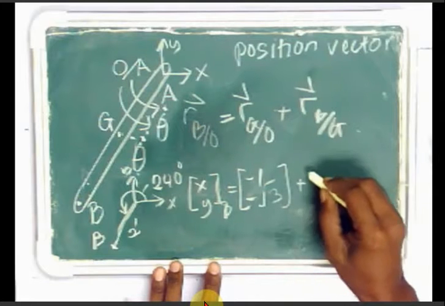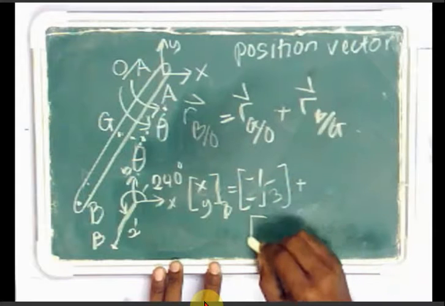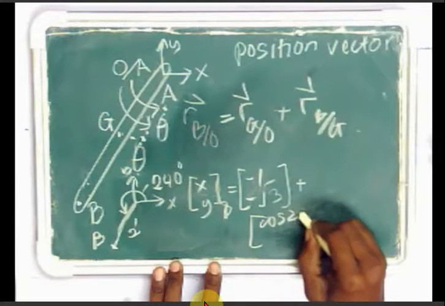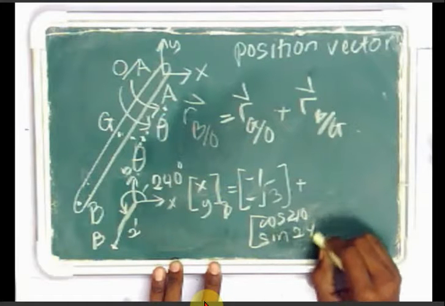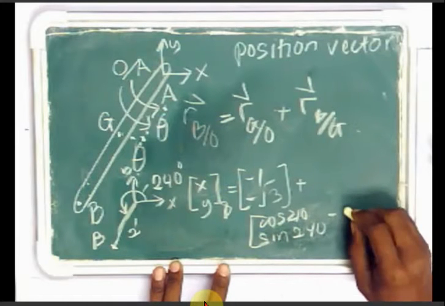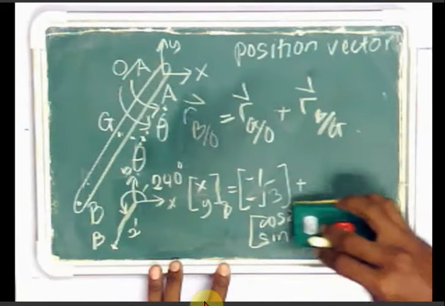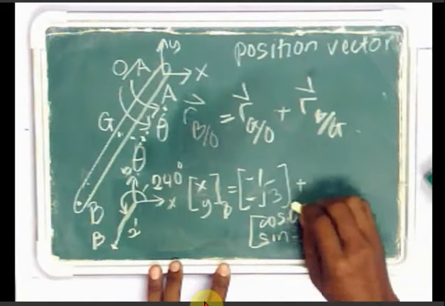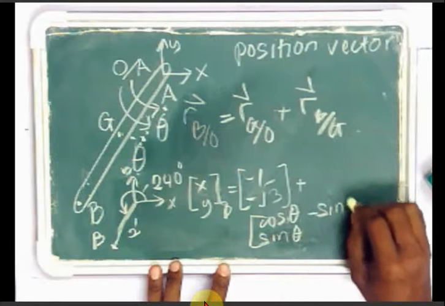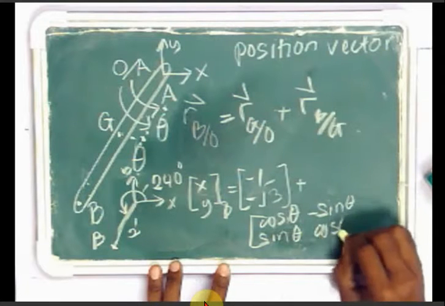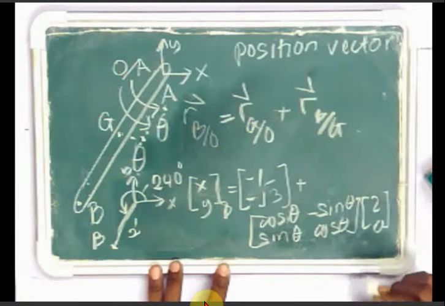And we are using this cos 240, sine 240, minus sine 240. Let's just use theta here. Cos theta, sine theta, minus sine theta, cos theta, and this could give a 2 and 0.